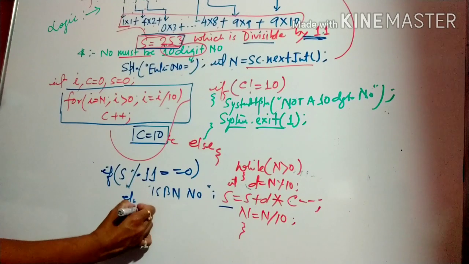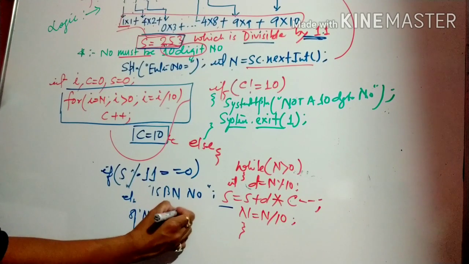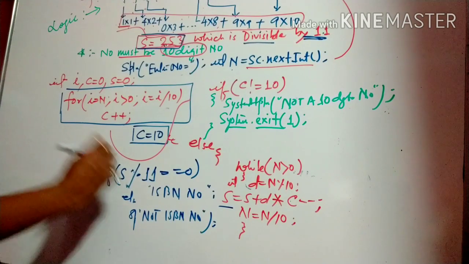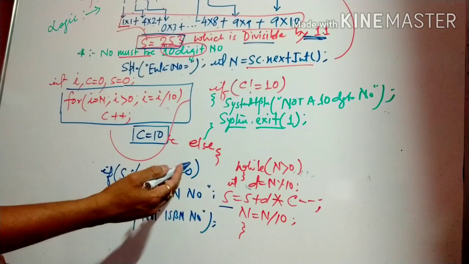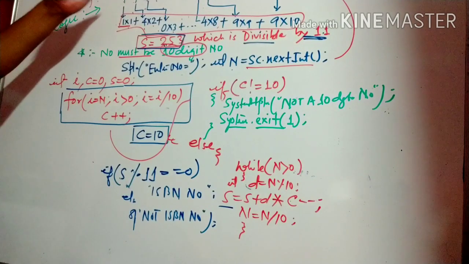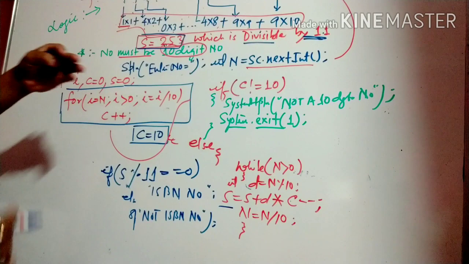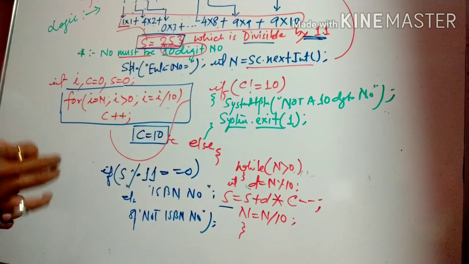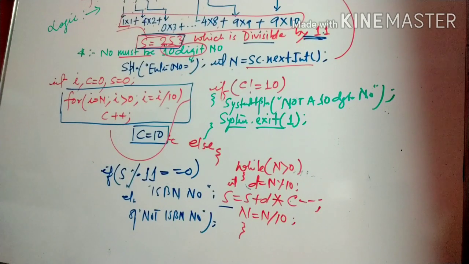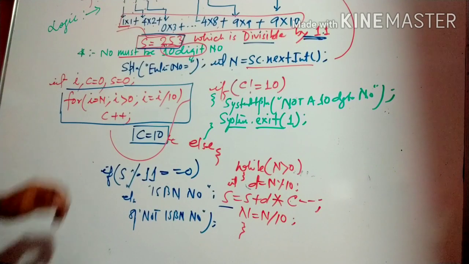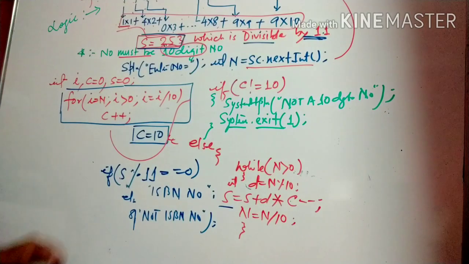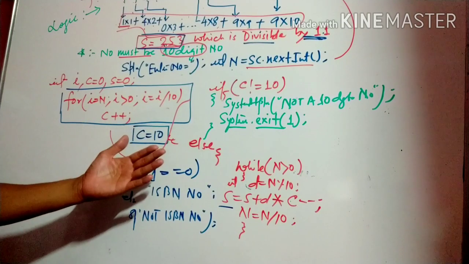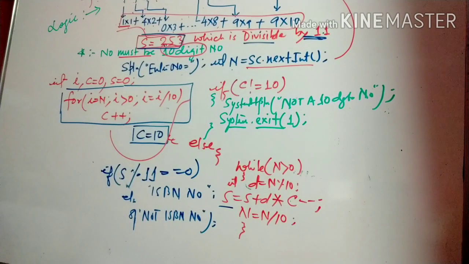Else you write here not ISBN number, and close the main method, close the class, and again you just copy this program, write it on a computer and check whether it is working or not. This type of question, dear children, will carry 15 marks. So many logics, 2-3 logics I used, so that logic will help you in the next program, children.